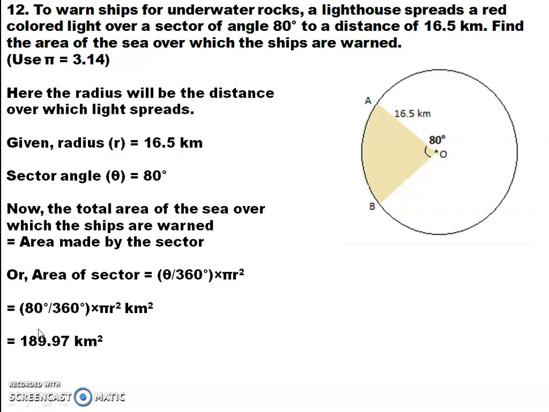Substituting the values, you will get the answer as 189.97 kilometer square. Hope you understood the question. 80 by 360 into pi, meaning 3.14, into r square, 16.5 the whole square. You will get the answer as 189.97 kilometer square. The next two questions we will discuss in the next video.